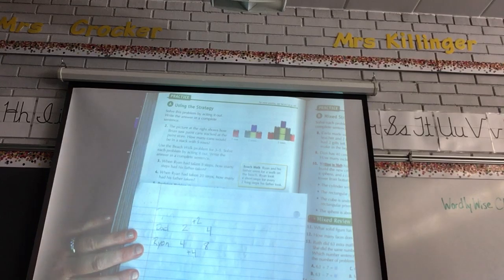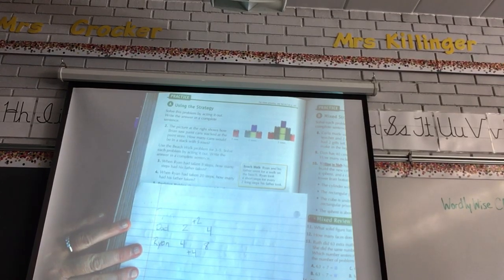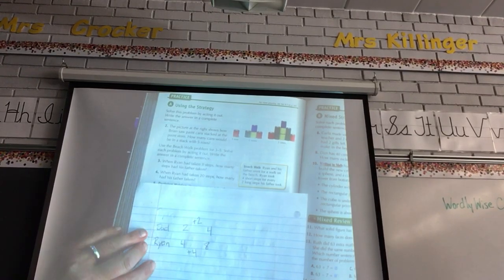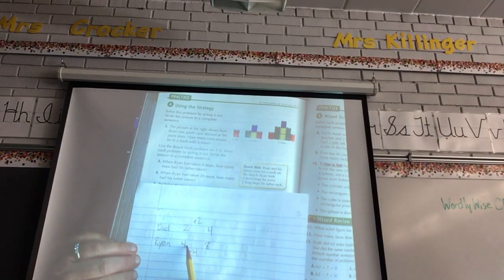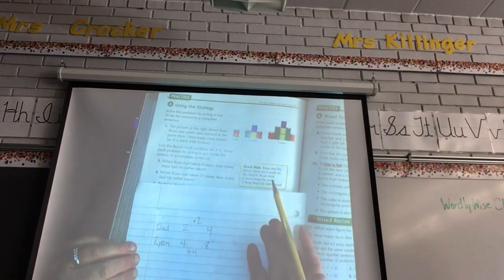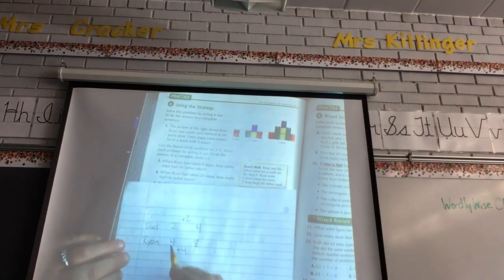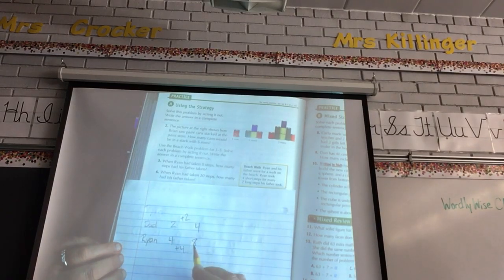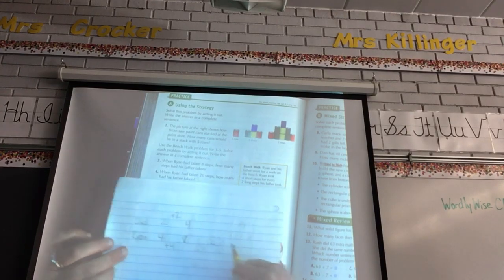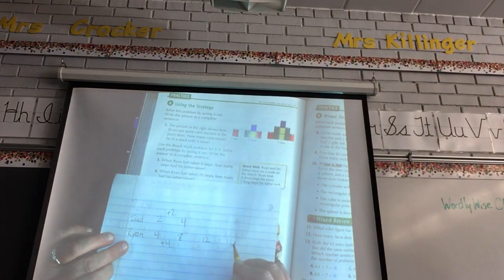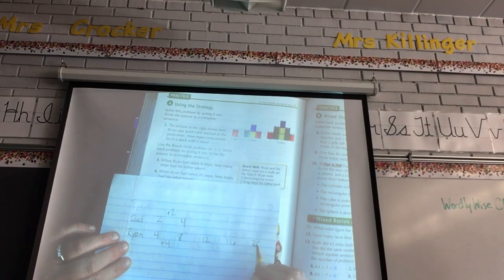Now let's look at number 4. When Ryan had taken 20 steps, how many had his father taken? Guys, we know with Ryan, we're dealing with multiples of 4. So we need to skip count by 4s, multiplication facts, until we get to 20. So 4, 8, 12, 16, 20.